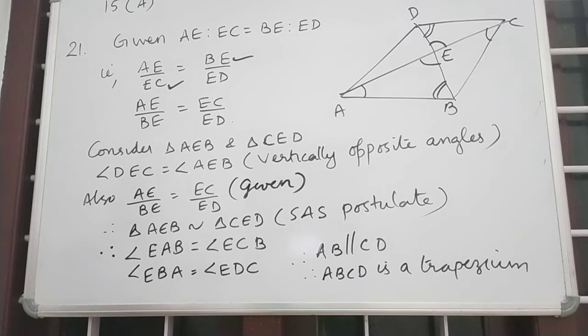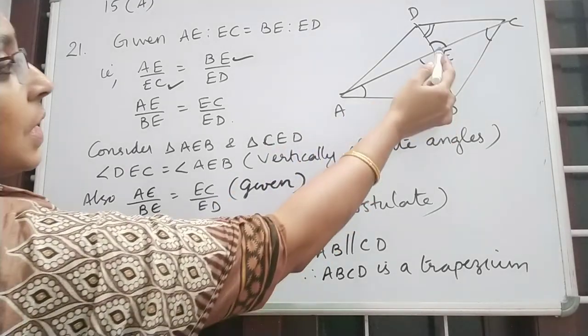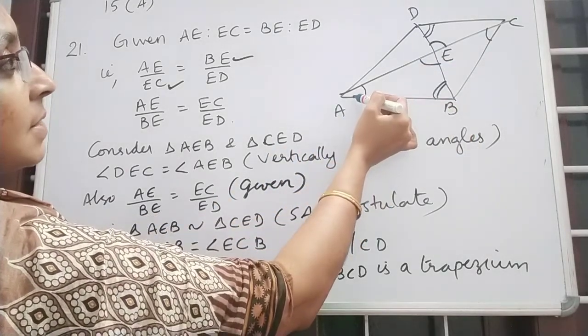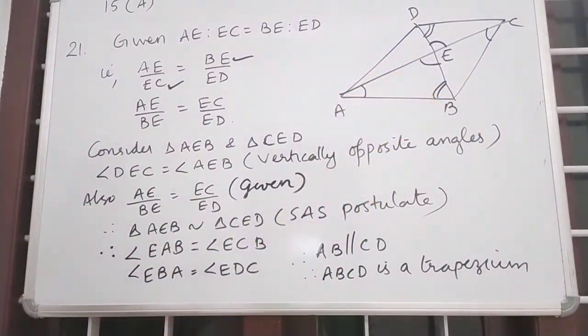Look at EAB and ECD, and EBA and EDC. These are pairs of alternate angles.